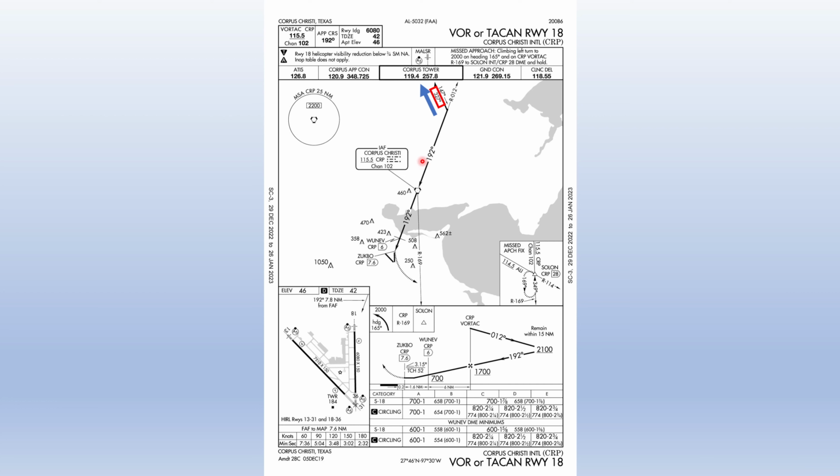Once we make that turn, we'll twist it over to 192 on the course selection so that we get correct sensing as we're tracking the 012 degree radial inbound once we intercept that course. Throttle, we're not going to do anything with the throttle on this segment. We're already at 2,100 feet and we don't want to go any lower until we get established on the approach course inbound.